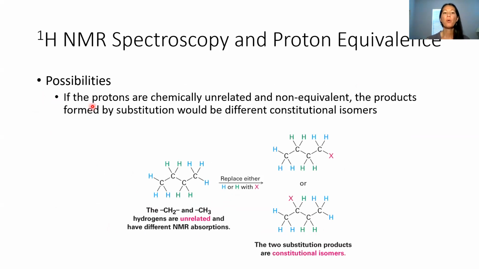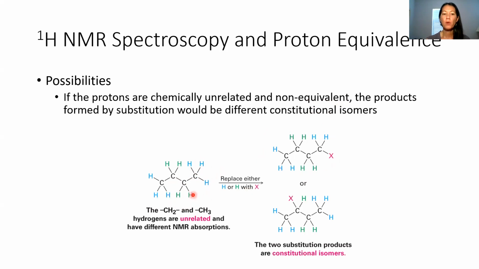So first of all, if the protons are unrelated and non-equivalent, we've been dealing with this, methyl versus the CH2 next door. If you were unsure, what you could do is replace either of these with an X and see if they create a different isomer. If I replace one of the methyl H's with X, say it's a chlorine, we get 1-chlorobutane.